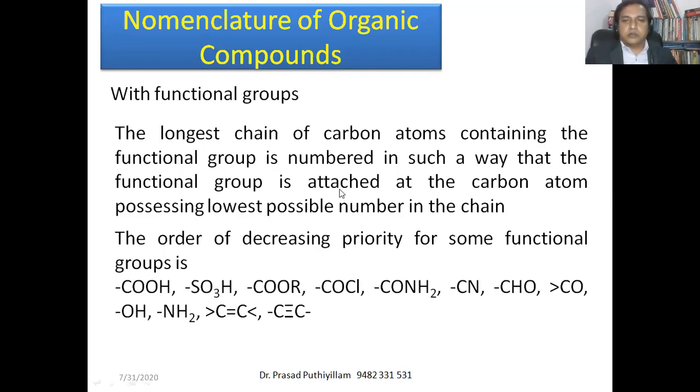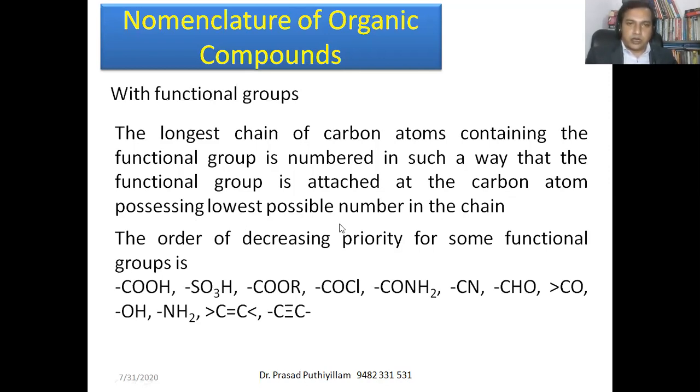There are certain rules that we saw while explaining the structures, which I already explained. While giving the nomenclature to a carbon chain or an organic compound, we need to consider the longest carbon chain. You have to consider the longest carbon chain containing the functional group. The carbon containing the functional group should be given the higher priority, meaning it should be numbered 1.